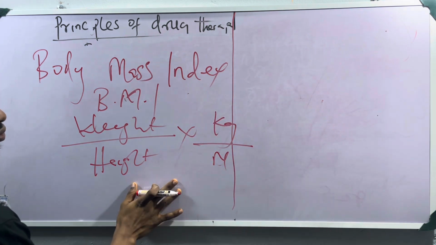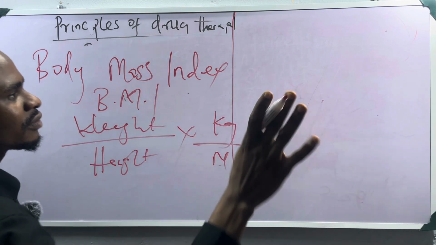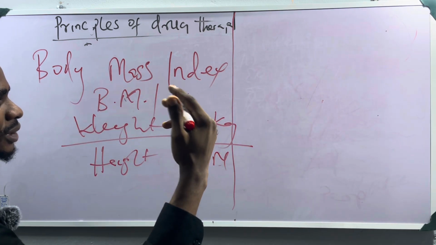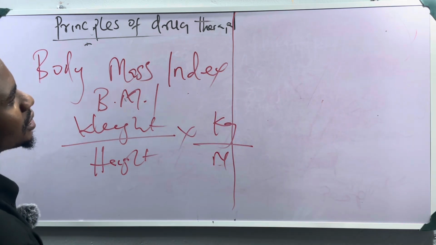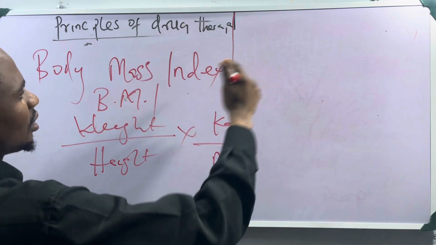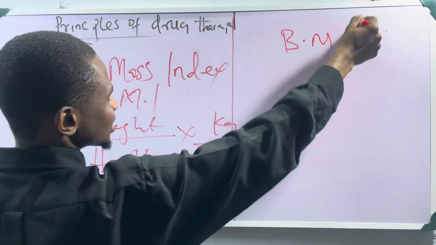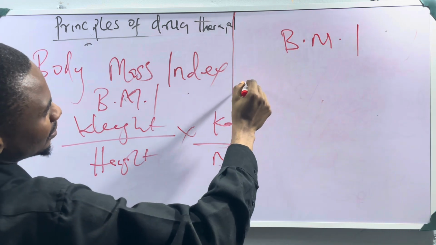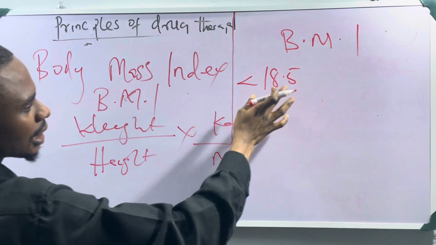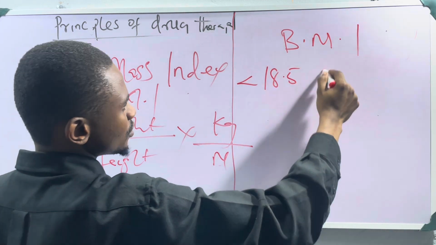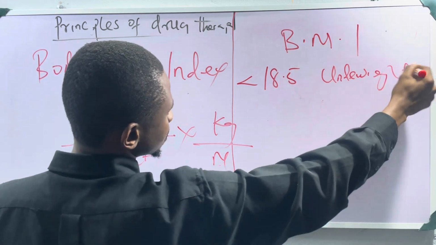Before we do this, let me give you the BMI range. This is what will tell you if somebody is overweight, underweight, or obese. So the BMI ranges: less than 18.5. A patient who is less than 18.5 is regarded as underweight.